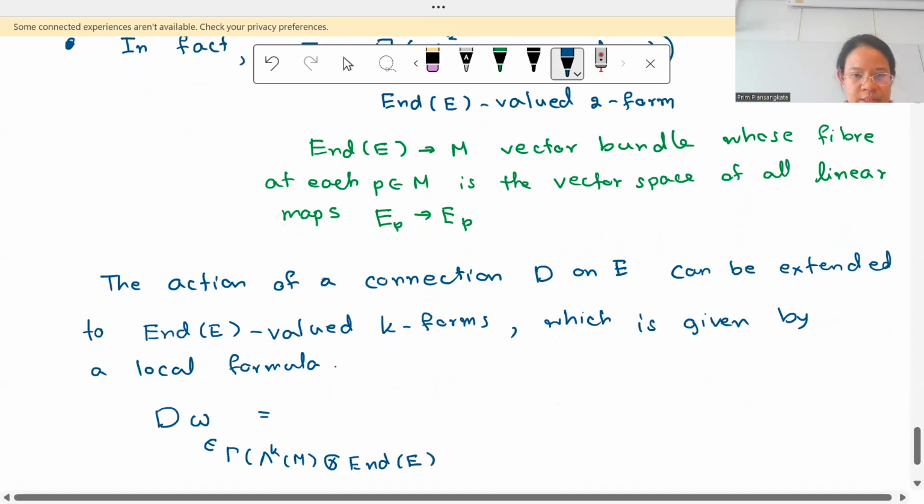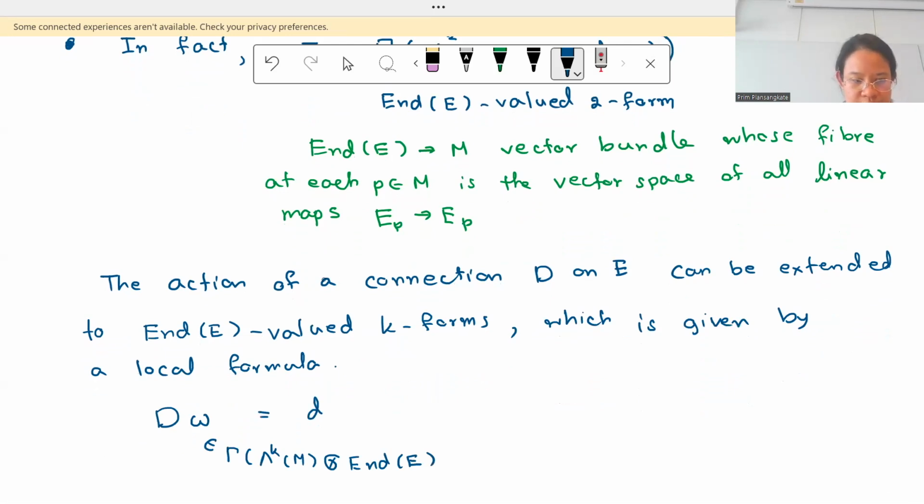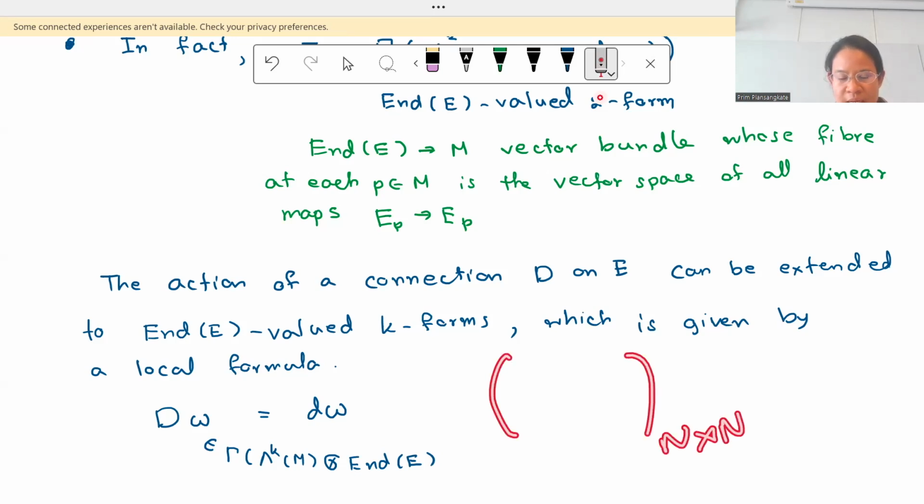Okay. So it is given by the omega, and then you can think of locally, you can think of an End(E)-valued K form as a matrix. And if E is a vector bundle of rank capital N, then this K form can be represented by N by N matrices whose entries are now K-forms.